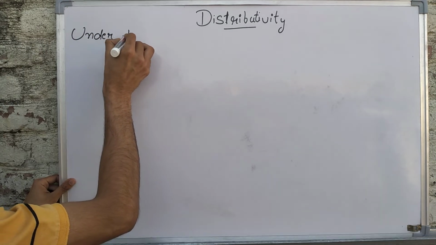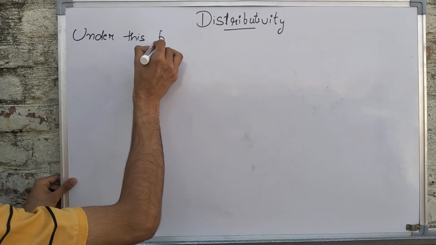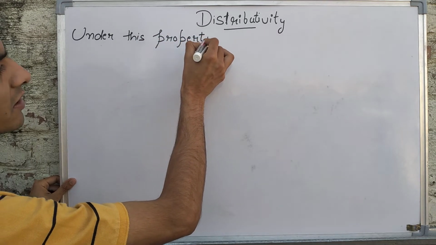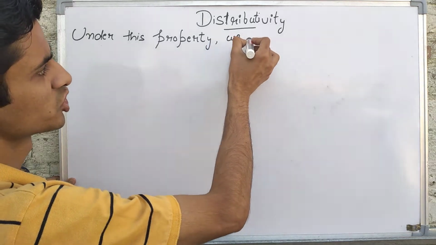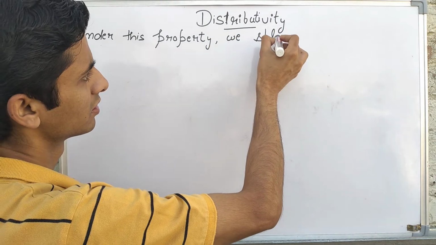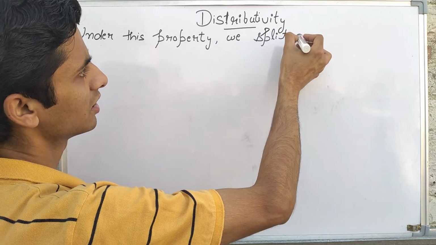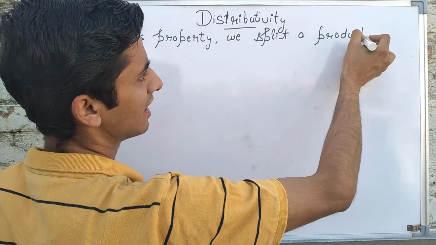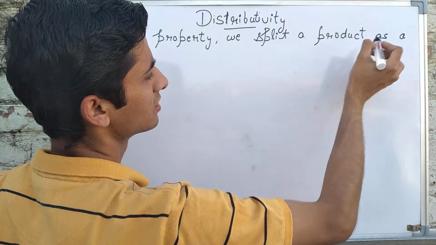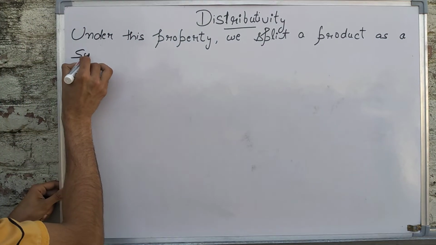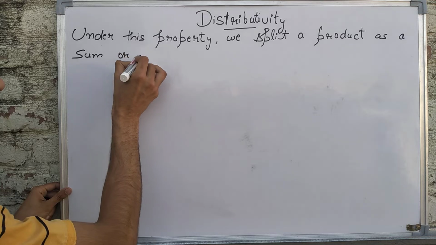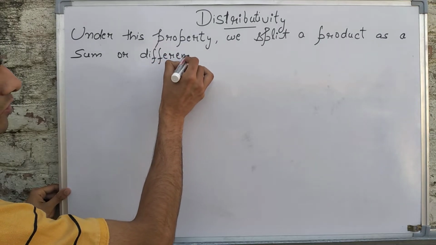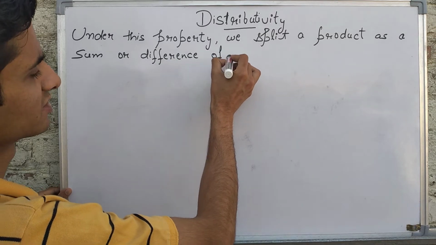Under this property, we split a product as a sum or difference of two products.